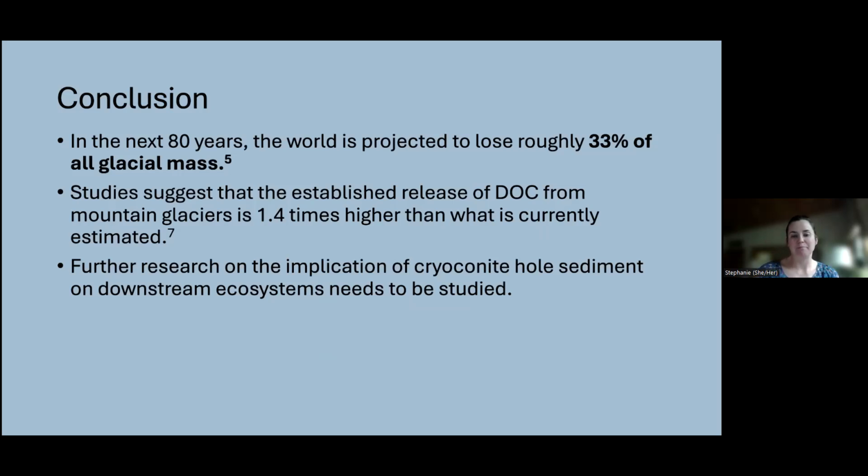It's a pretty big difference, and I think that glacial systems should be included in hydrological models moving forward. And the final takeaway would be that future research on the implication of cryoconite hole sediment on downstream ecosystems needs to be studied.